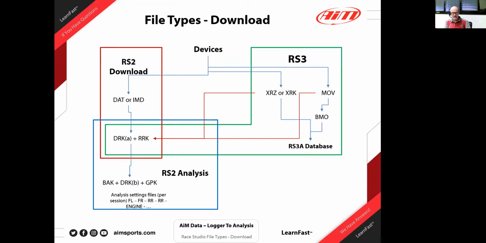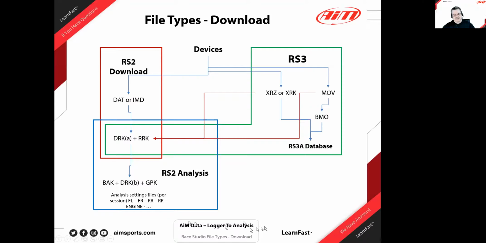When you move an MOV file to another PC, a new BMO file is created by the new software. And in case you want to share some files with friends or teammates inside the RS2 world, you can safely share DRK and GPK, or DRK, GPK, and RRK. No problem at all.